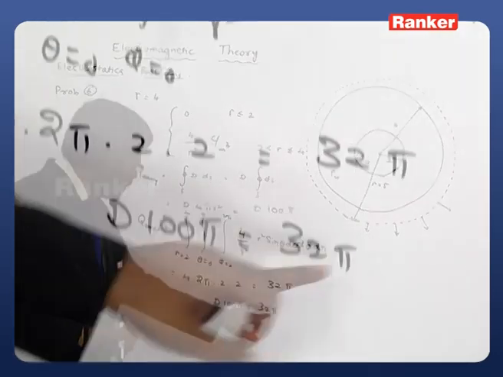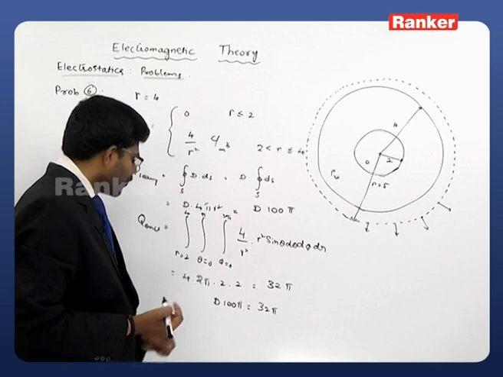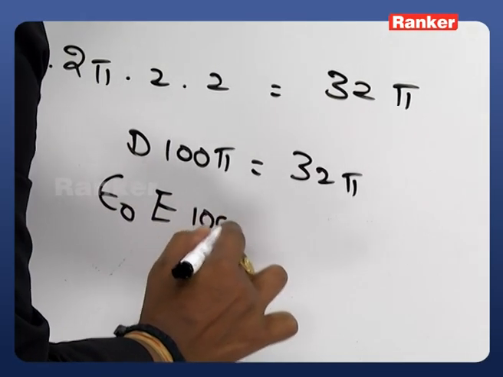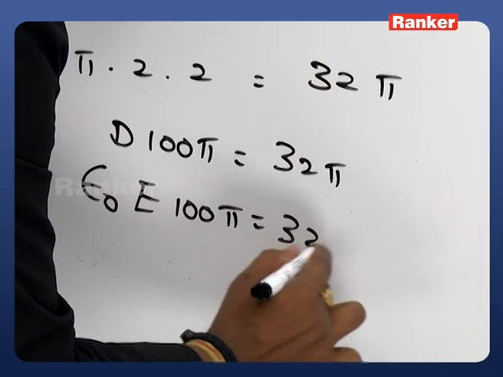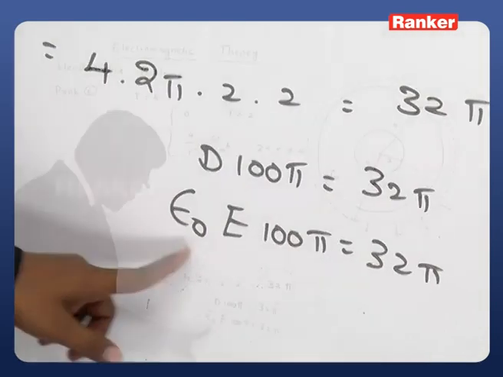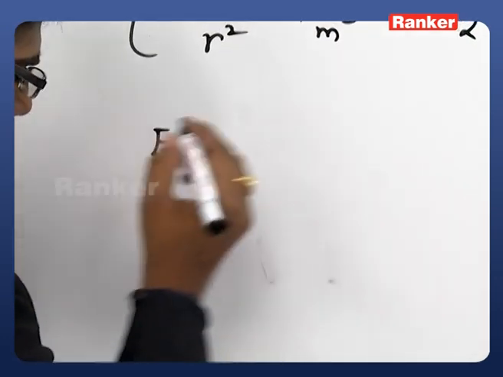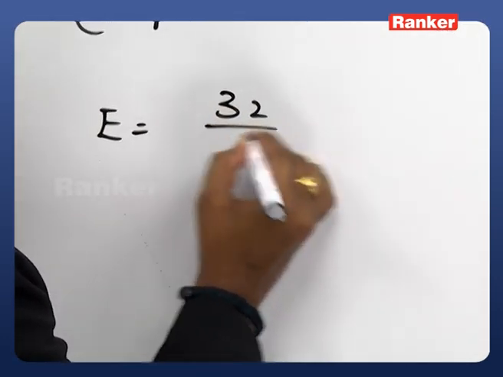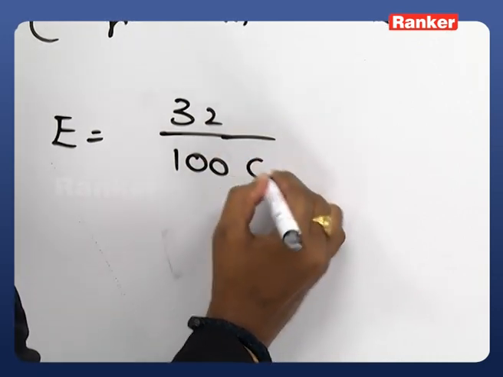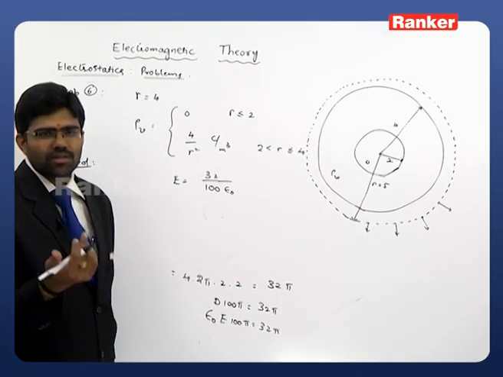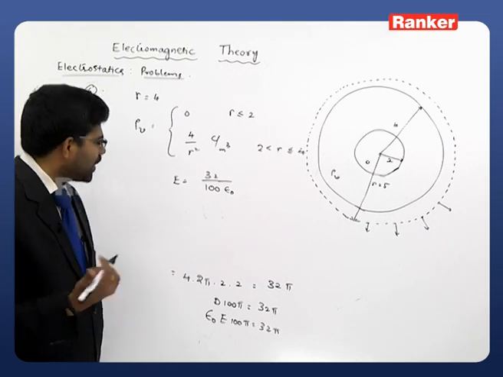Now if you take the equivalent of this D, we get epsilon naught E times 100 pi equals 32 pi. So E, the electric field intensity, is 32 by 100 epsilon naught. This is the scalar quantity, but we have to represent our electric field intensity as a vector quantity.